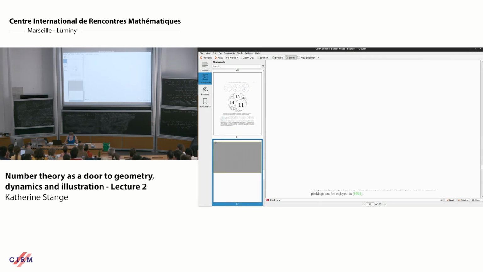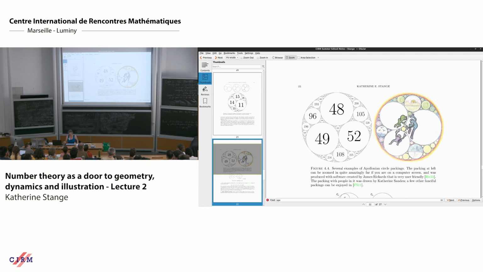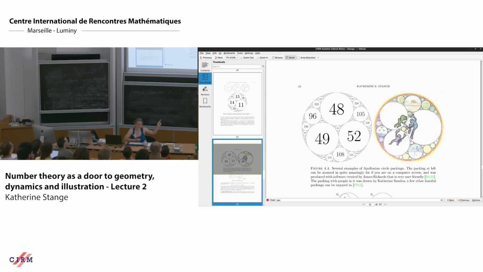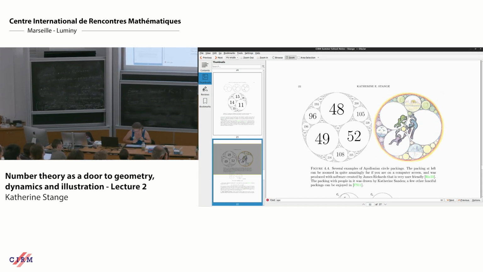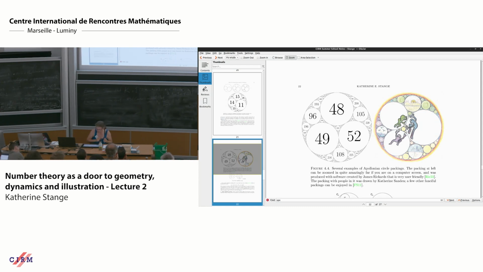And I have a few Apollonian circle packings to share. The one on the right is drawn by Kat Sandin, who did some work on Apollonian circle packings when she was a student at Princeton. And on the left is a packing generated by the software of my postdoc, James Rickards. He has this very user-friendly software if you've got PARI/GP on your computer.